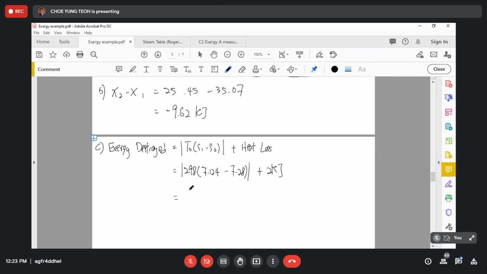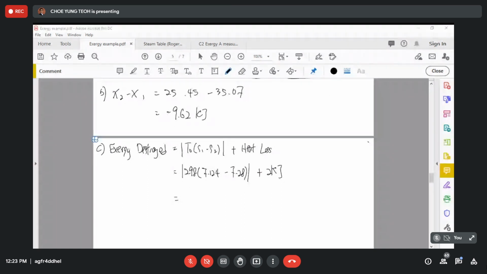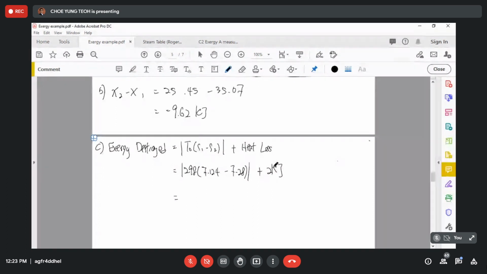And then the unit here, you can see that if I get the irreversibility, the unit here will be in terms of kilojoule per kg, but the heat loss will be in kilojoule. So you want to make it the same unit.